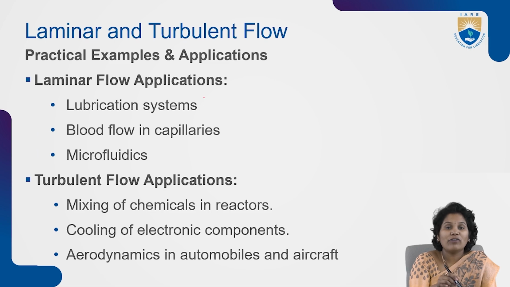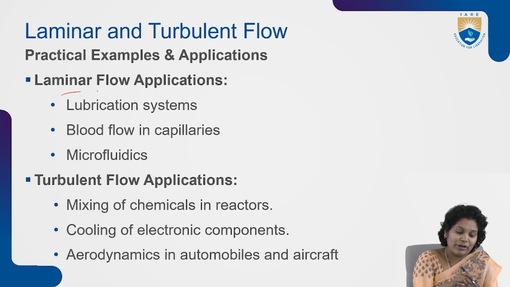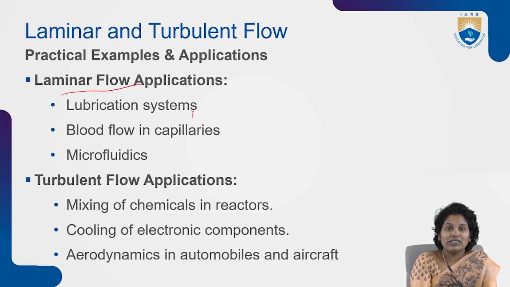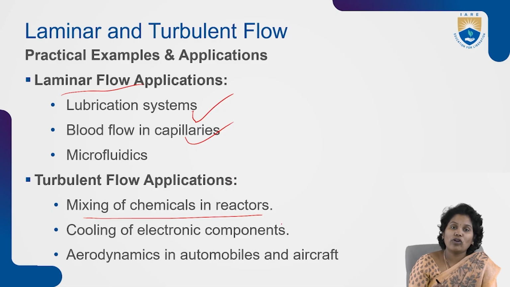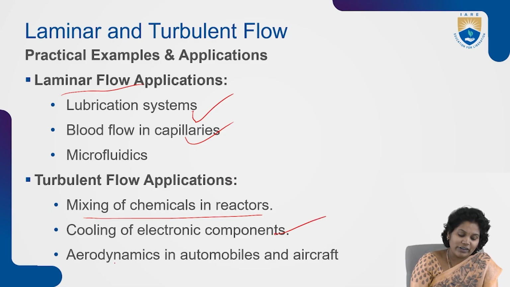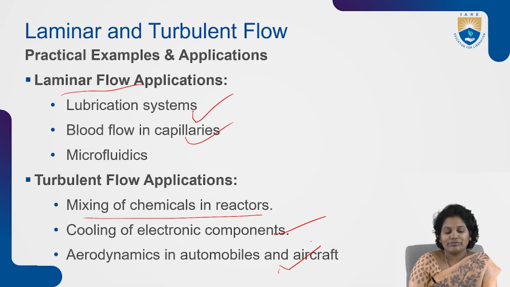Now the practical applications. The applications of laminar flow are lubrication systems, blood flow in capillaries and microfluidics. Turbulent flow applications are mixing of chemicals in reactors, cooling of electronic components, and aerodynamics in automobiles and aircraft.